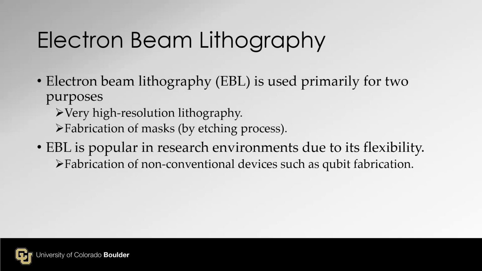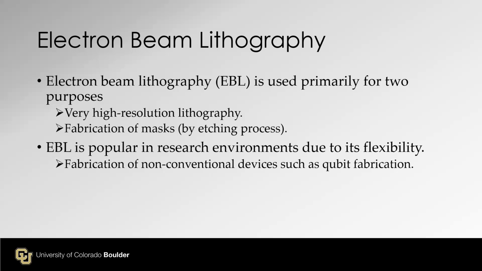And EBL is popular in research environments. It's flexible. We can change the design anytime. But if you have a contact printer, the mask aligner, when you want to change the design of the device, you have to start working on the CAD file, bring it to the mask writer, and develop and prepare everything.